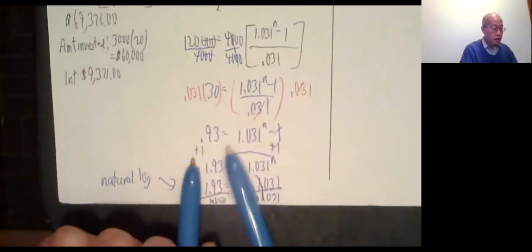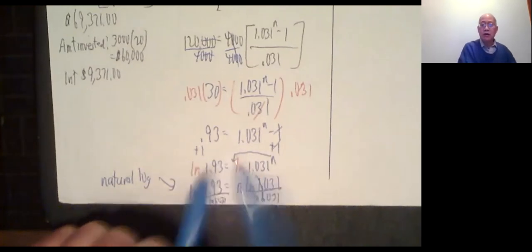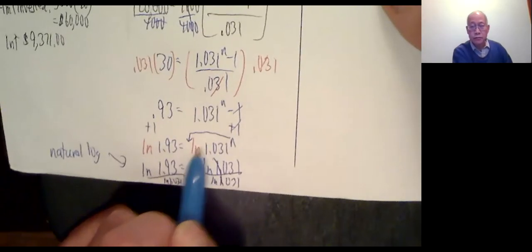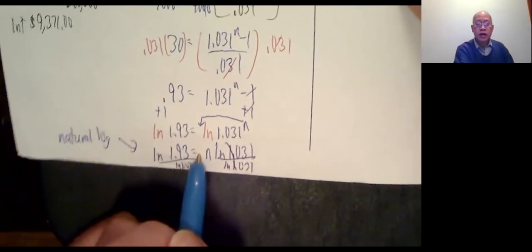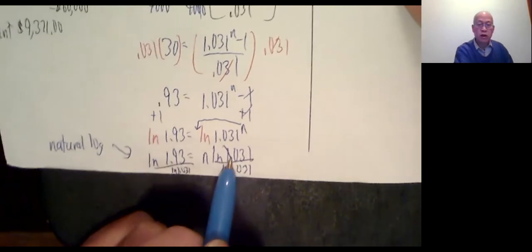So one more time, 1.93 is 1.031 to the nth power. How do I get that exponent down? You take ln of both sides. By doing that, the n gets to come down in front. So it now looks like ln 1.93 equals n times ln of 1.031.